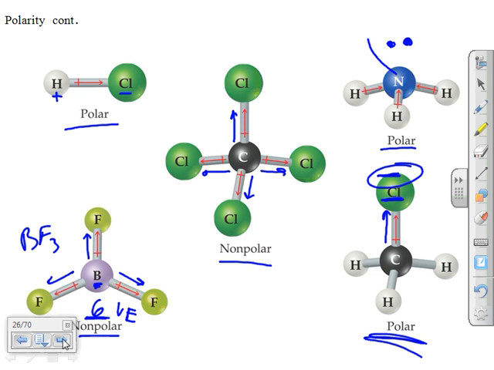Actually, one unshared pair is in their area, and they're going to be hanging around in a big area like that, and that's why these hydrogens are being pushed down. They're being pushed down, and so you will get a negative end up here by that nitrogen.